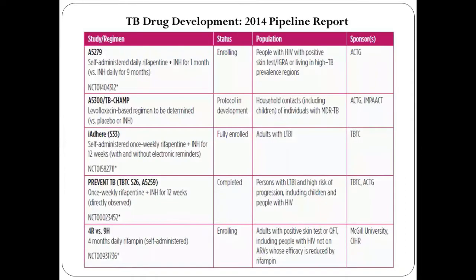And just to give you a sense of some other regimens that are being tried for latent tuberculosis infection, this is a regimen that is being particularly studied in persons who have HIV, which is an ultra-short regimen of daily rifapentine and INH for a month, and we will see what the result is versus the traditional INH for 9 months.